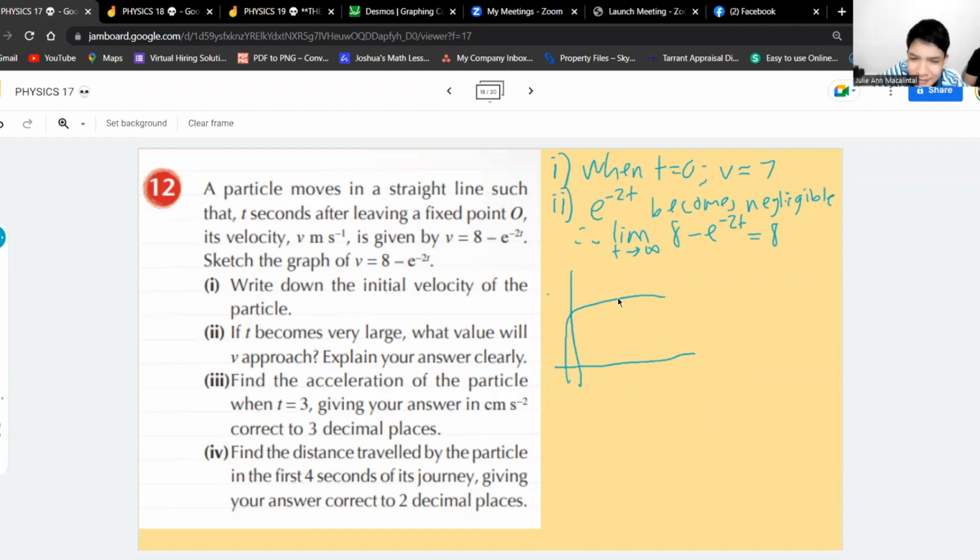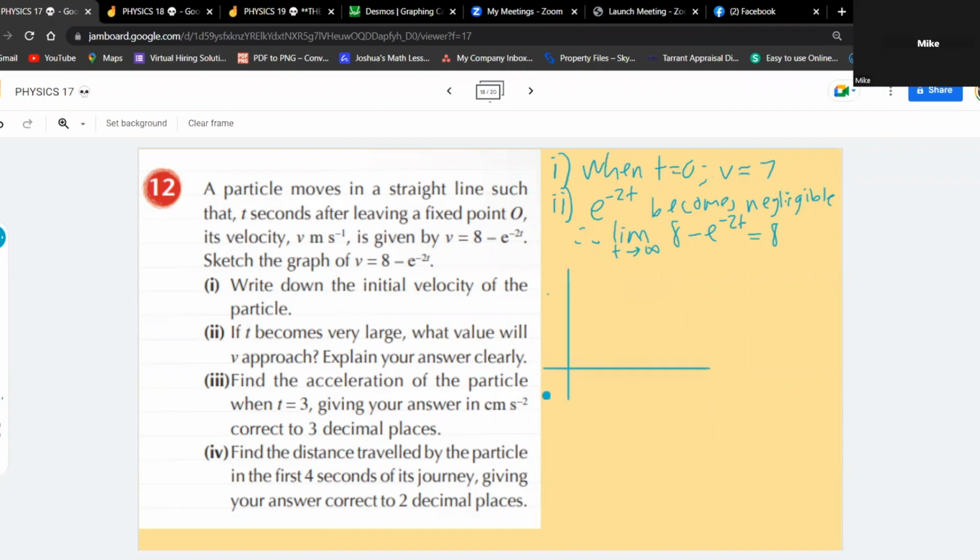So meron kang horizontal asymptote at v equals 8, diba? So that's ganyan. Tapos pwede mo siya interpret this way: first, ano yung graph ng negative e to the minus 2t, and then plus 8. So, iaakyat siya.